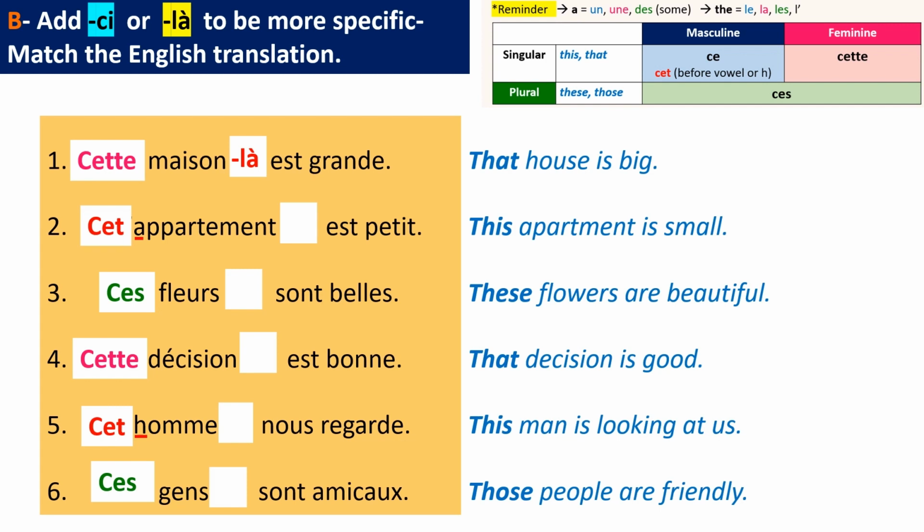Numéro 2, cet appartement ci est petit, this apartment. Numéro 3, ces fleurs ci sont belles. Numéro 4, cette décision là est bonne. Numéro 5, cet homme ci nous regarde. Et numéro 6, ces gens là sont amicaux.